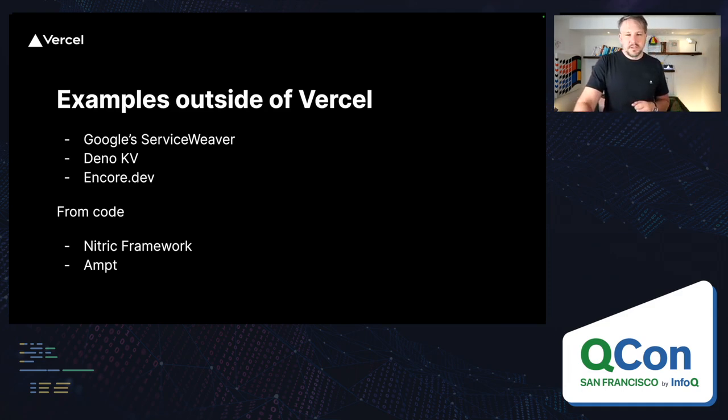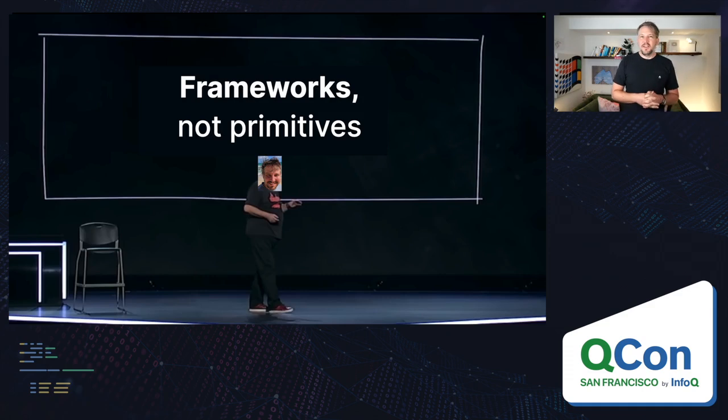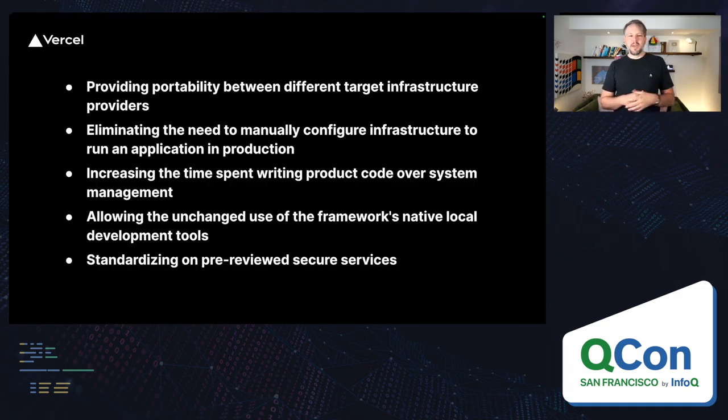All right, so with that, hopefully I convinced you that it's worth paying attention to frameworks and not only thinking about directly programming the primitives. Just to bring it back for everyone, it's about portability between different target infrastructure providers. We want to eliminate the need to manually configure infrastructure to run an application in production.